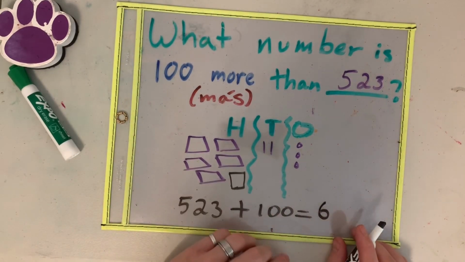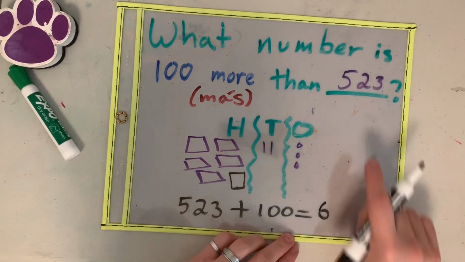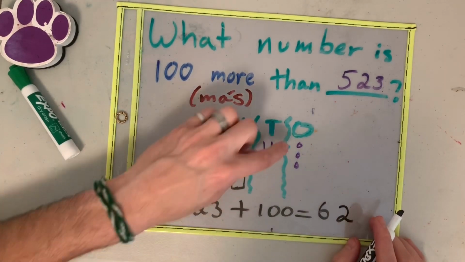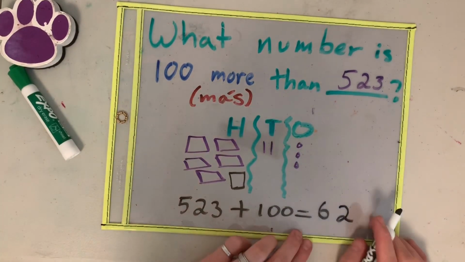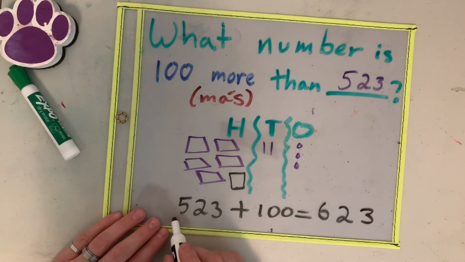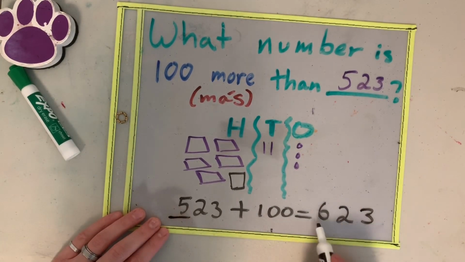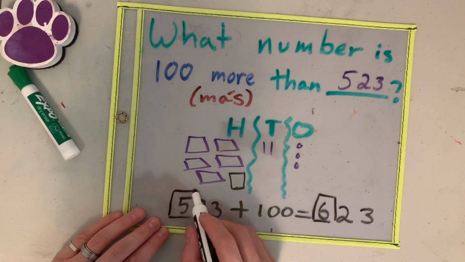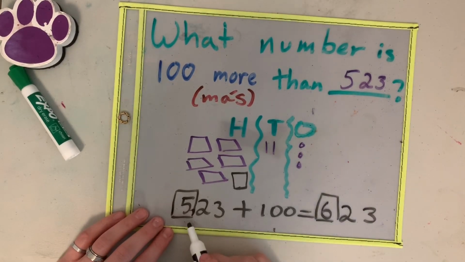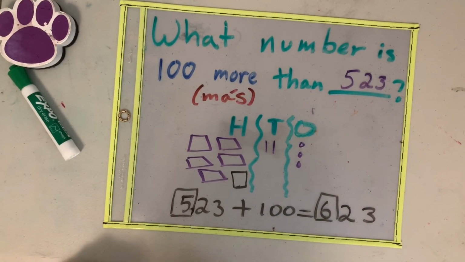How many tens do I have? 1, 2. It stayed the same. 2 tens. How many ones? 1, 2, 3. It stays the same. 3 ones. The only things that change, it's 500 and 600. This is the only thing that changed. Esto fue lo único que cambió. Las centenas. The hundreds. Good.